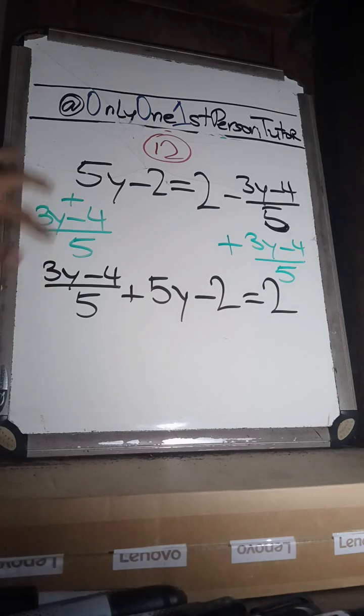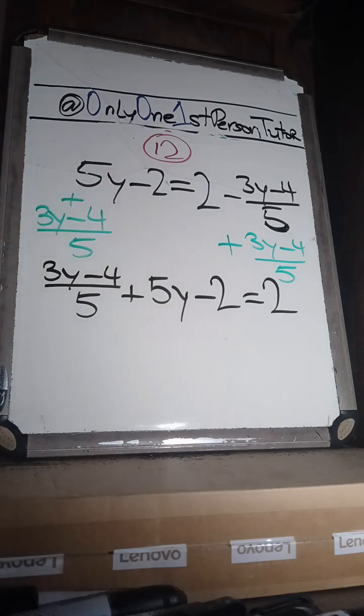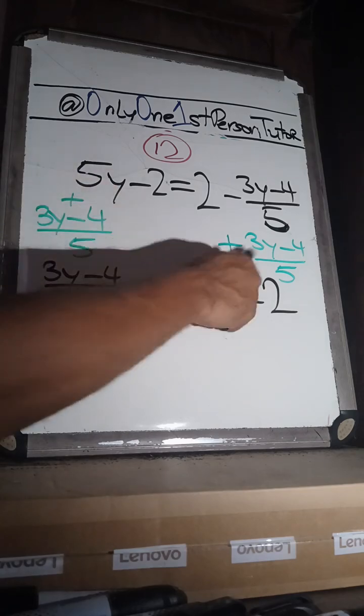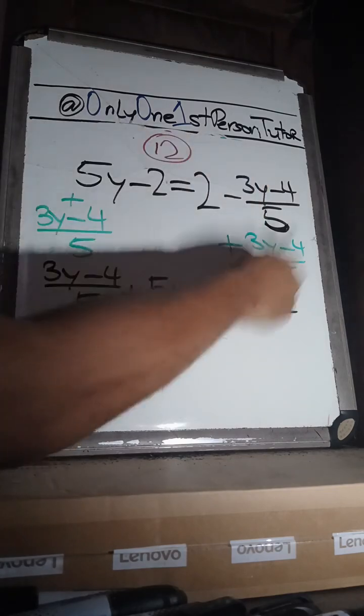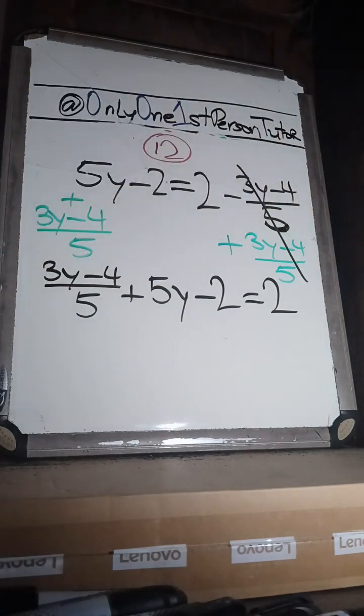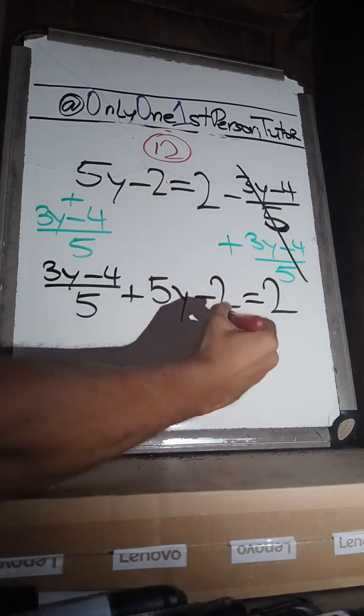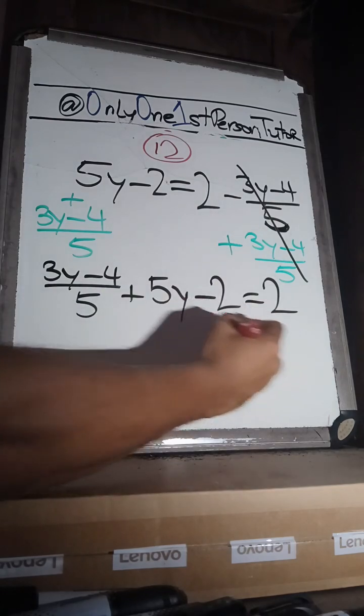We took this and placed it beside the 5y minus 2 that was up here. And then by adding this to both sides, that minus itself is 0, and you add 0 to 2, leaves you with just 2 over here. Now you want to get rid of this 2, so what do you do? You take yourself away.